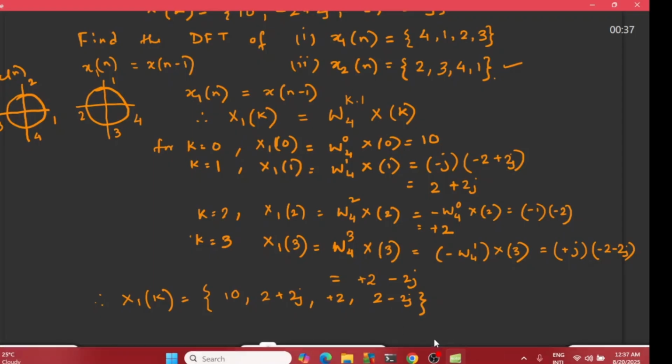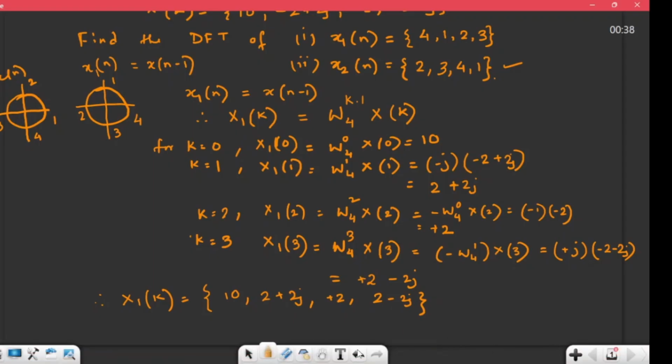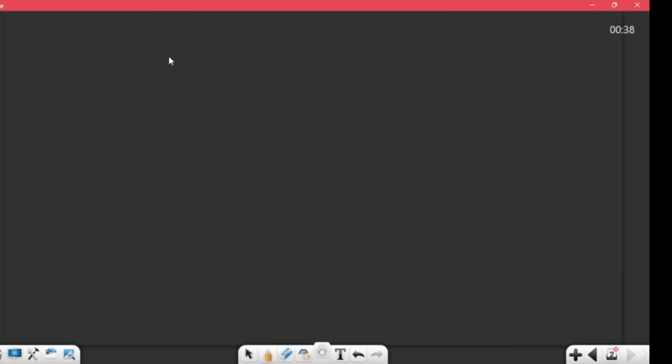Then we will find this x2(n). What is x2(n)? x2(n) is 2 3 4 1. So let us now find the DFT of x2(n), 2 3 4 1. How is it related to x(n)?